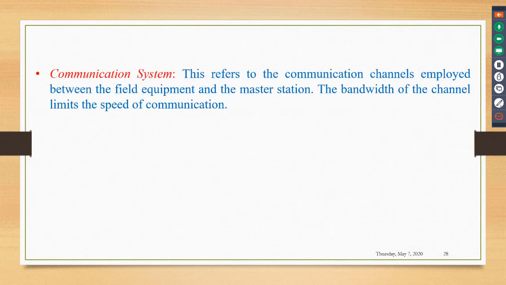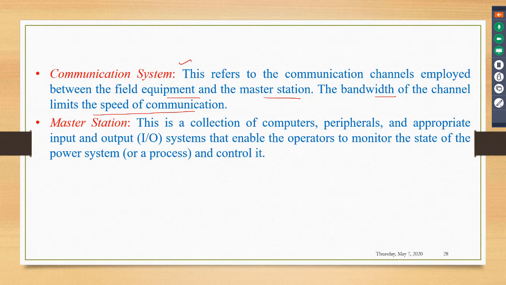The next part is your communication system. This refers to the communication channels employed between the field equipment and the master station. The bandwidth of the channel limits the speed of communication. Everywhere bandwidth plays the major role.